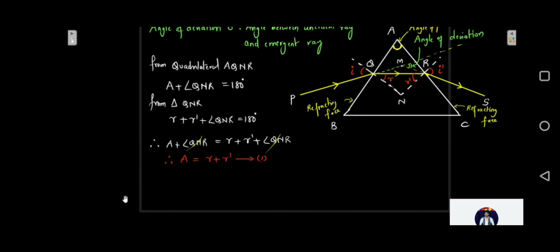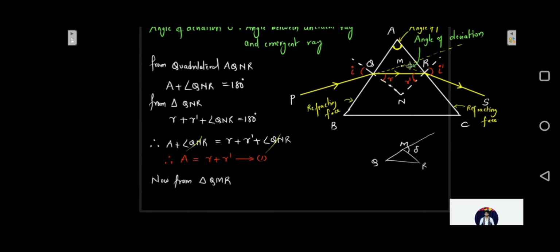Now, let us consider the next triangle, that is QMR. So from triangle QMR, this very small triangle, I'll draw it like this over here. This is QMR. So if you see, this is my incident ray, MR is my emergent ray which is produced behind. This is the angle of deviation.